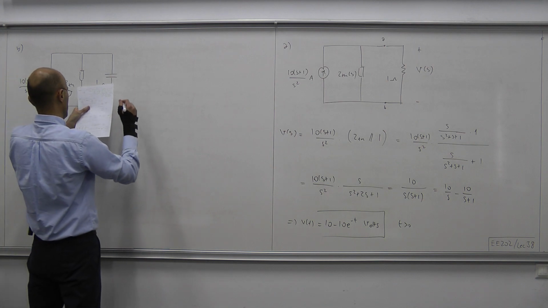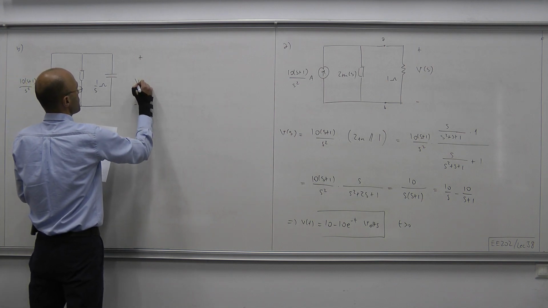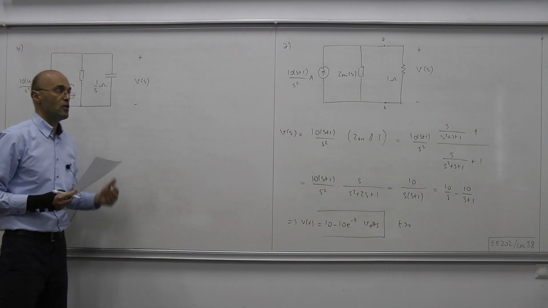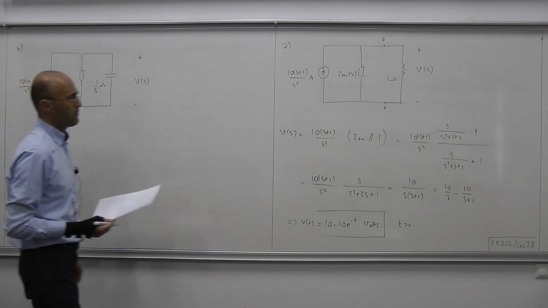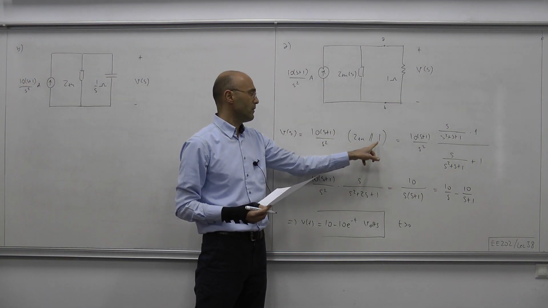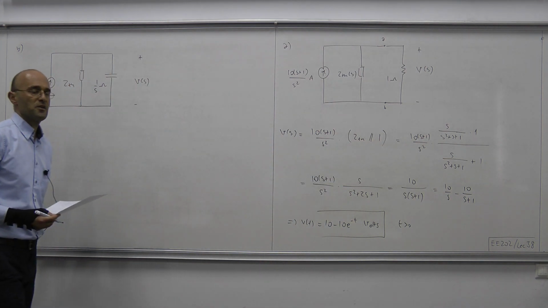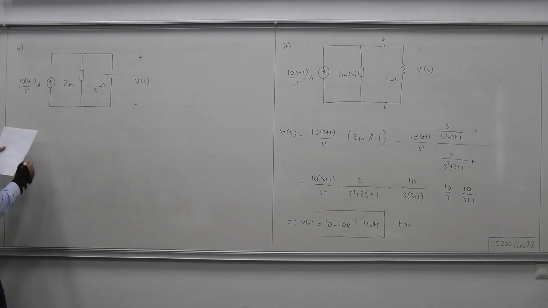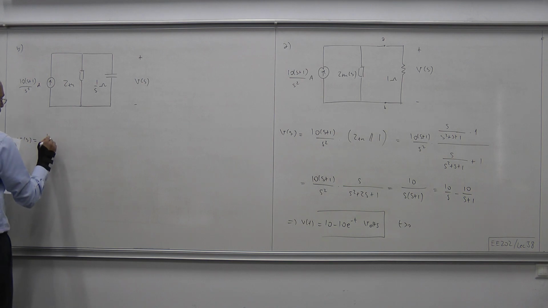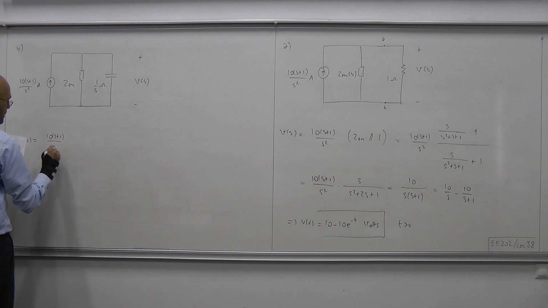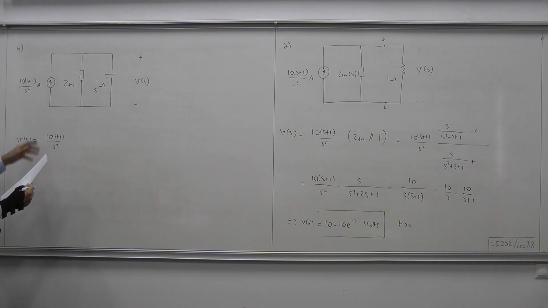And what we're after is, again, this voltage across the terminals of the load, V of S. We're going to do the same thing. This time, Z Thevenin is parallel to impedance 1/s instead of 1. Okay, V of S equals 10 S plus 1 over S squared.